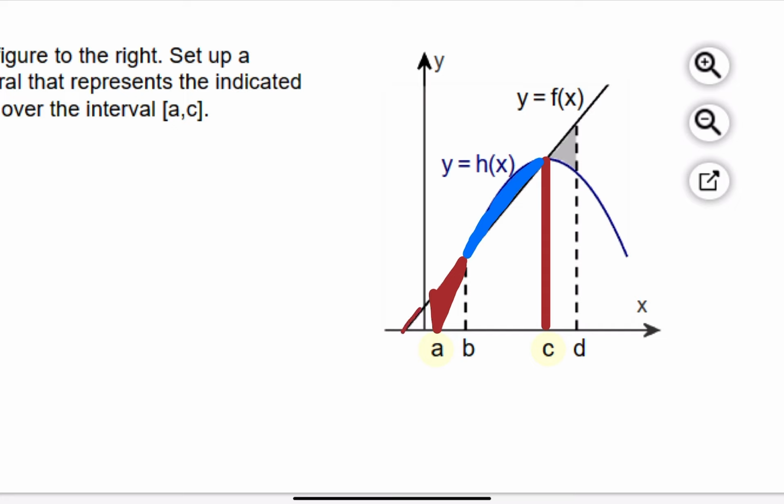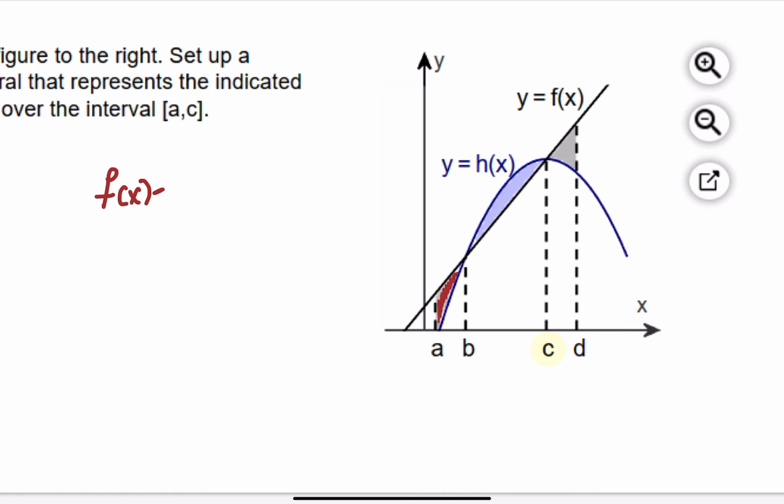And the line is my function f of x. So as you can see, this is f of x minus the curve below. I think I did too much here. Let me reduce the pen color here and just do it this way.